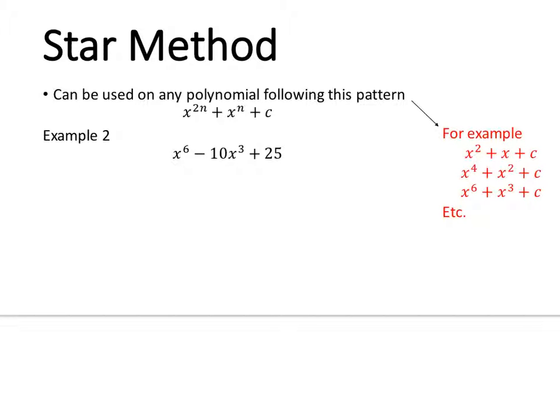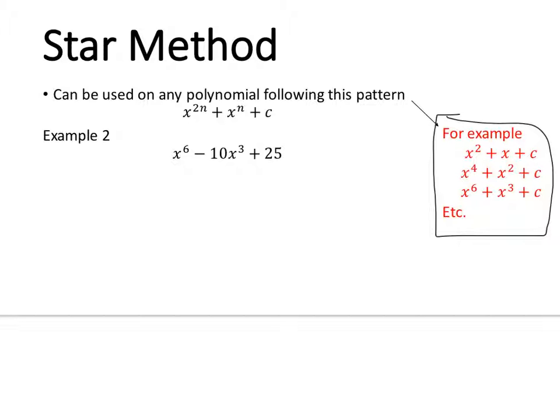Half of that exponent is the middle term, and then a constant is your last term. So for example, over on the side, I have written out a couple that it works for, like x squared, x and a constant, or x to the fourth and x squared and a constant, x to the sixth, x to the third and a constant, and so on and so forth. So it has to be an even exponent, then the exponent has to be half of that, and then the constant term.